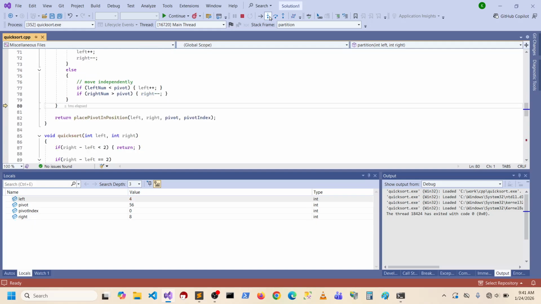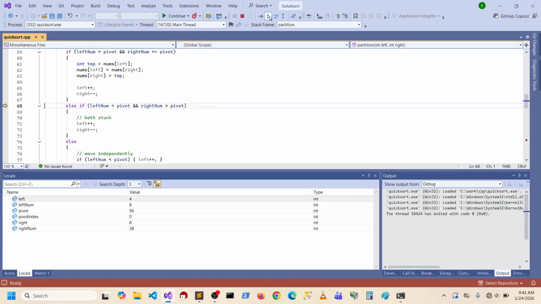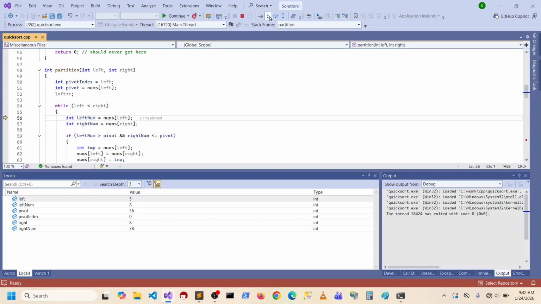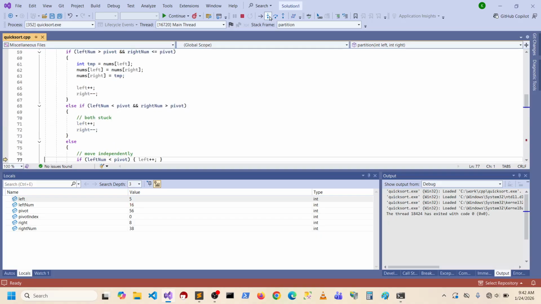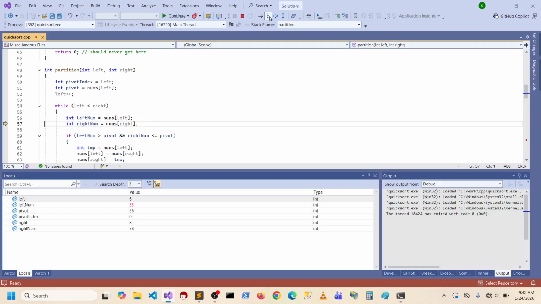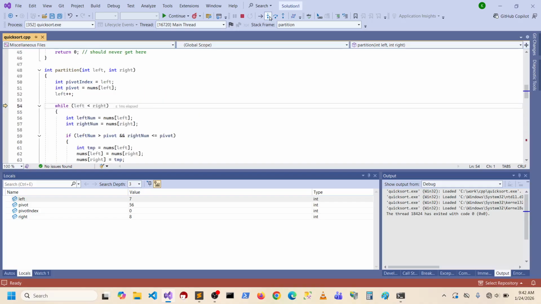Keep advancing left. Yep. Same thing. And same thing.